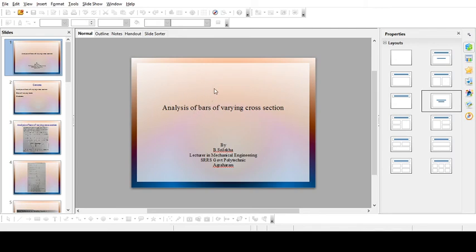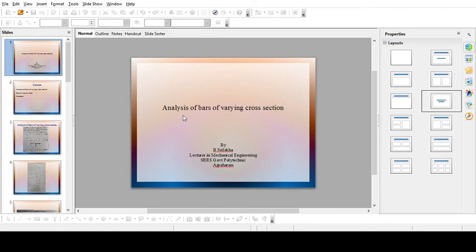So area of the middle portion: we know that stress is equal to load by area, so area is equal to load by stress. The load is 150 into 10 to the power of 3. So from this, area A is equal to 697.67.